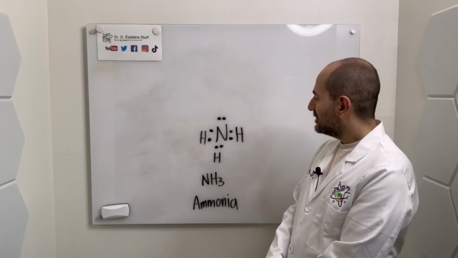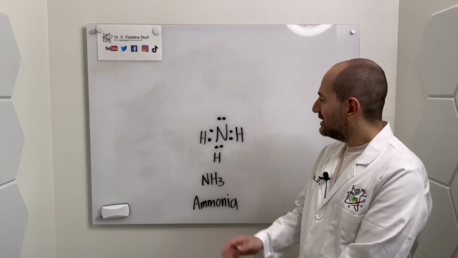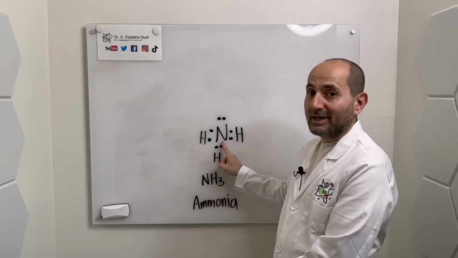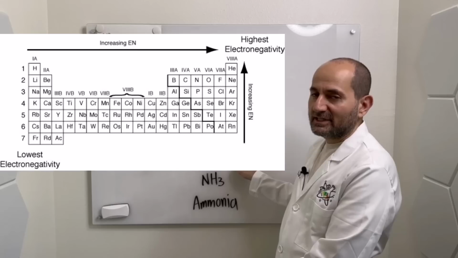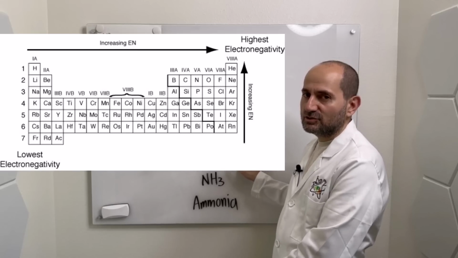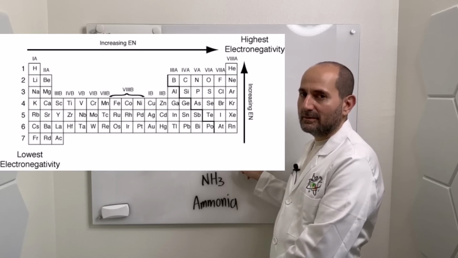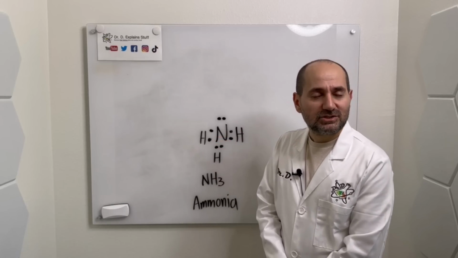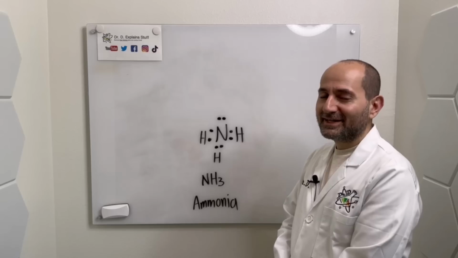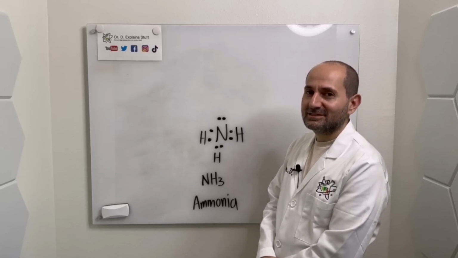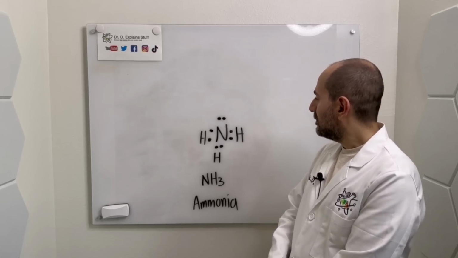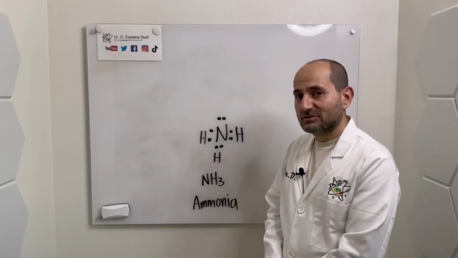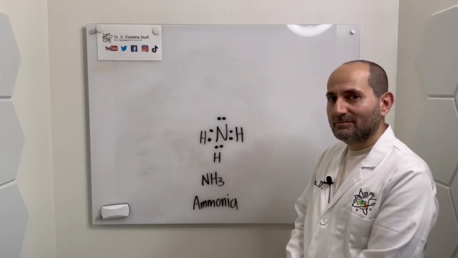Well, do you remember electronegativity, right? Is nitrogen to the right of hydrogen, where I told you hydrogen should be? Hydrogen should be right on top of carbon. Nitrogen is to its right. That means that nitrogen is actually more electronegative than hydrogen. Nitrogen's greedier. So where do those electrons spend more of their time?